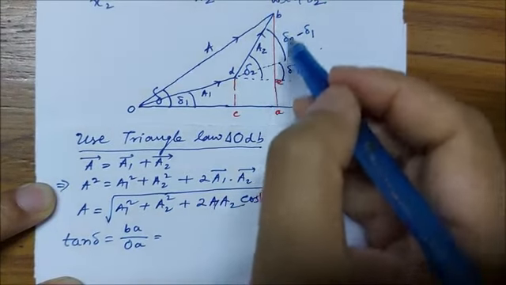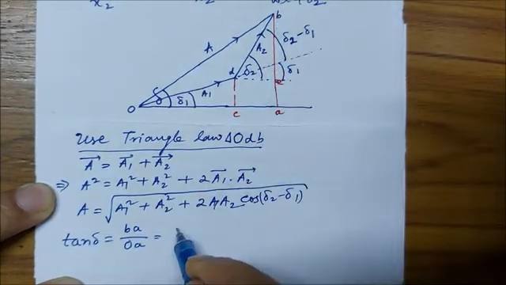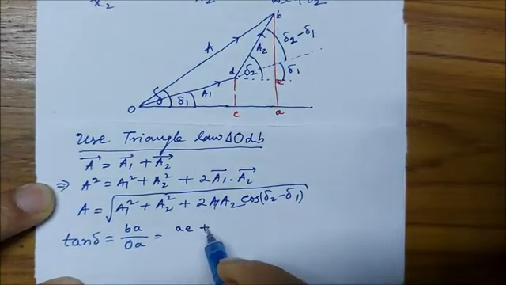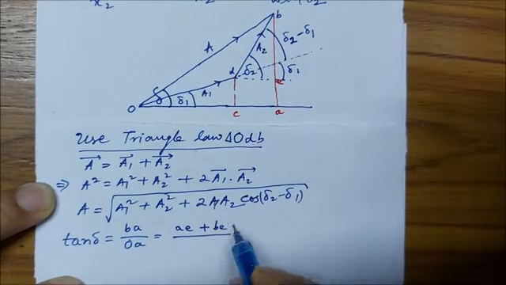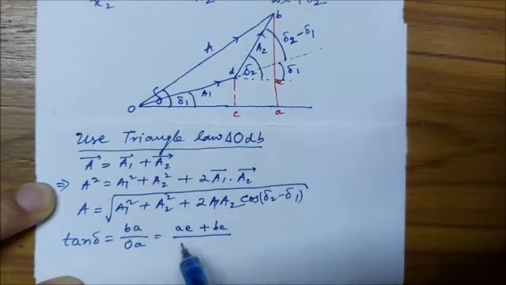And BA is made up of two parts. One is AE, which is this one, and BE, divided by two parts again, OC plus CA.